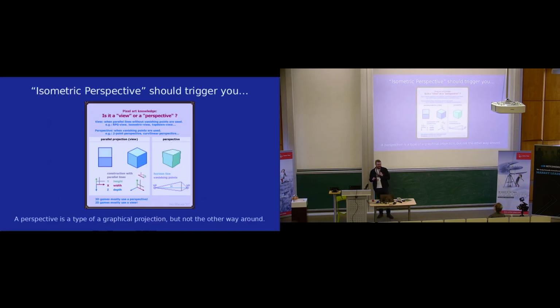I read so many video game articles from journalists, and everybody talks about isometric perspective. This is the first thing which really should trigger anybody who knows their stuff as an artist, because perspective is a type of graphical projection, but it's not the other way around. You can have a perspective or you can have a parallel projection.